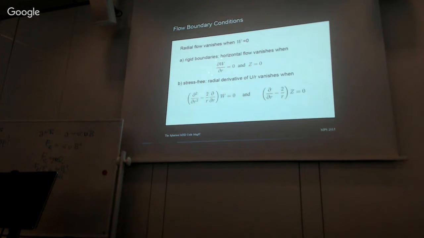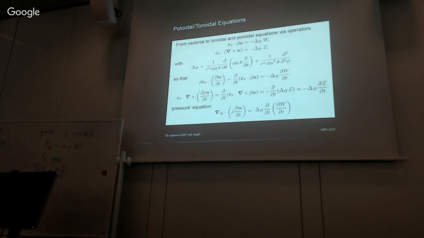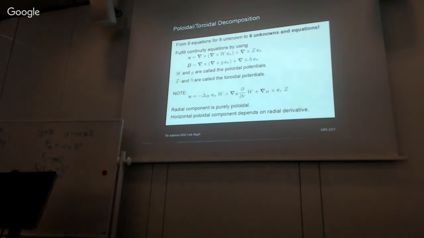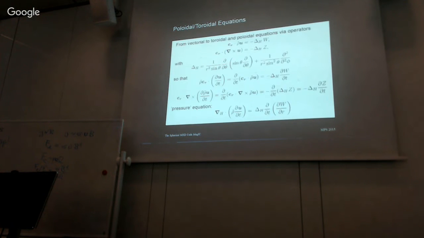And for the horizontal flows, there are two choices. Either you say it's rigid, so horizontal flows are also 0. That's why I've shown you this decomposition here. As you've seen, the poloidal horizontal flow components depend on the radial derivative of W. So if you set this to 0 as a boundary condition, these two flow components will vanish.